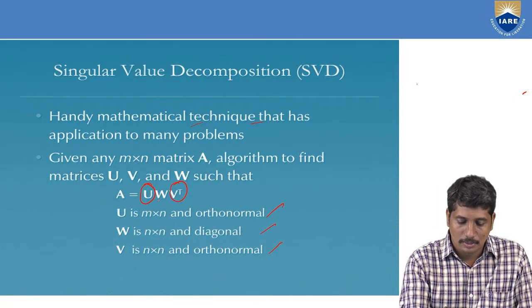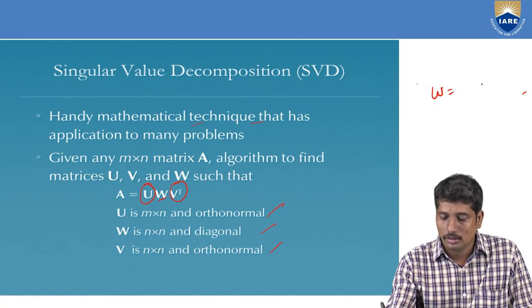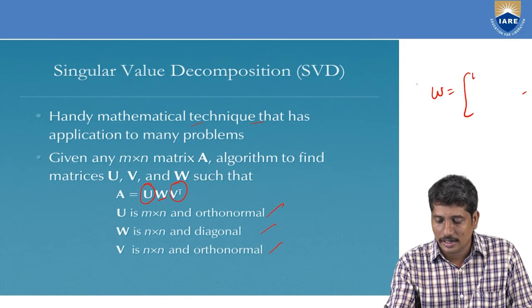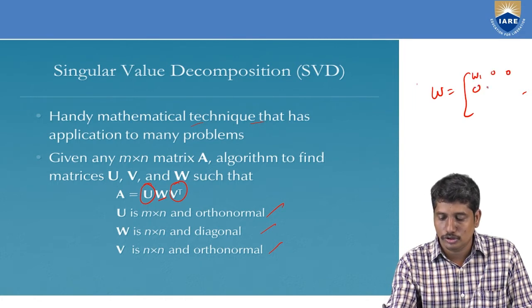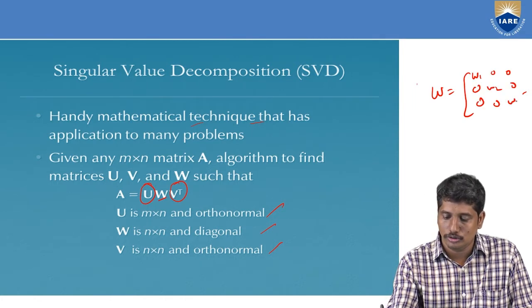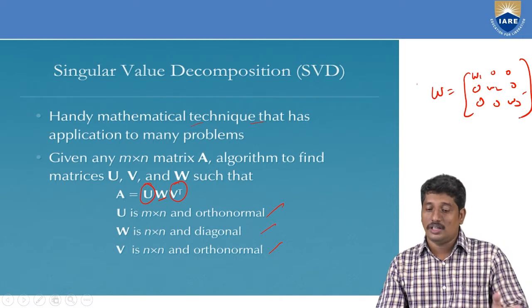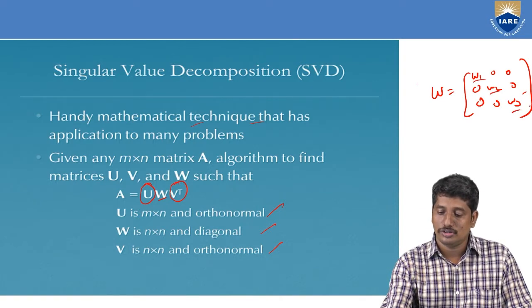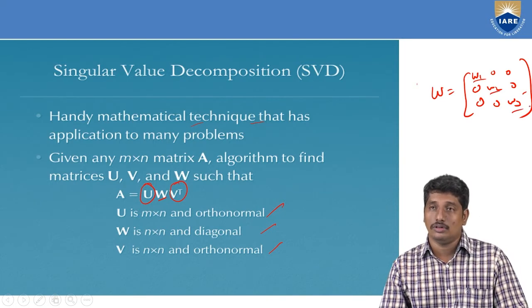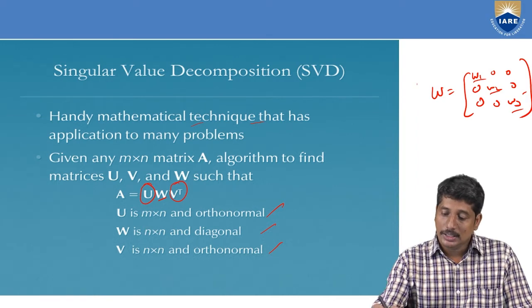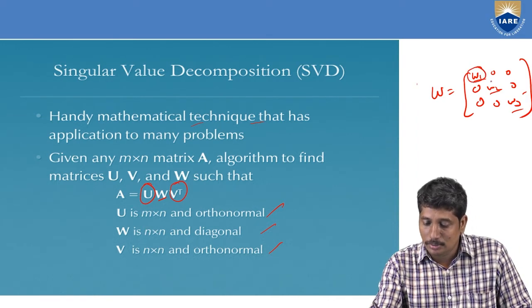Let us look into the meaning of diagonal matrix. The middle matrix W is a diagonal matrix like W1 0 0, 0 W2 0, 0 0 W3, that is, except for the diagonal elements, all the remaining elements are zeros. Such matrices are called diagonal matrices.